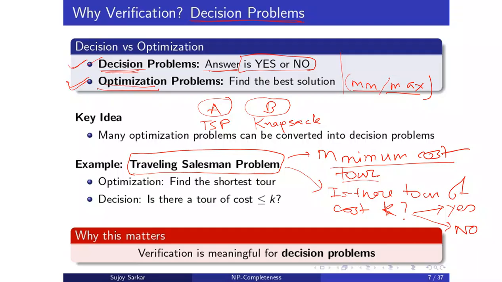It will be difficult. But if we take the decision version, where TSP outputs yes or no and knapsack also outputs yes or no, this will help us relate two difficult problems. So we'll consider the decision problem instead of the optimization problem.